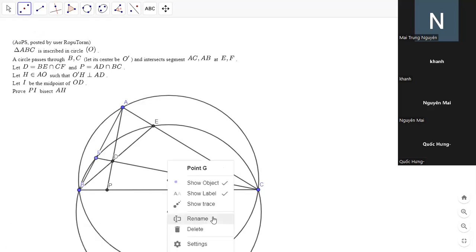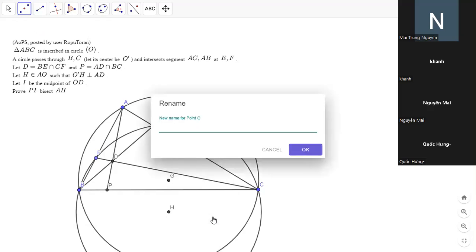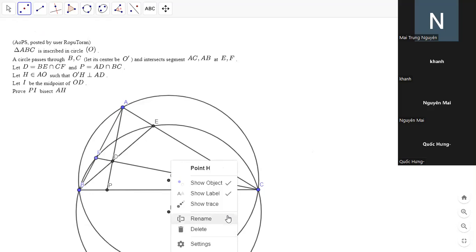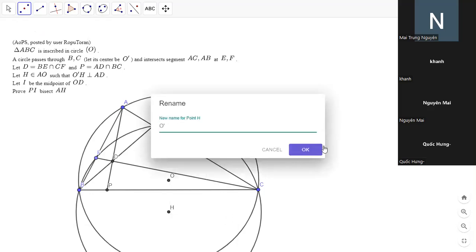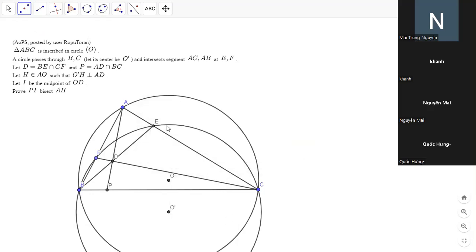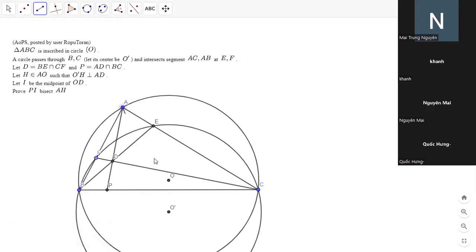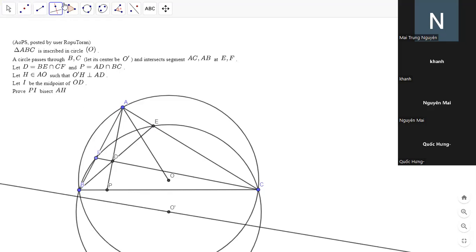So yeah, this is perpendicular to BC. So H is on AO. Okay, so O prime H is perpendicular to AB. So basically, we draw the perpendicular. So I'm probably going to want to draw this full line.